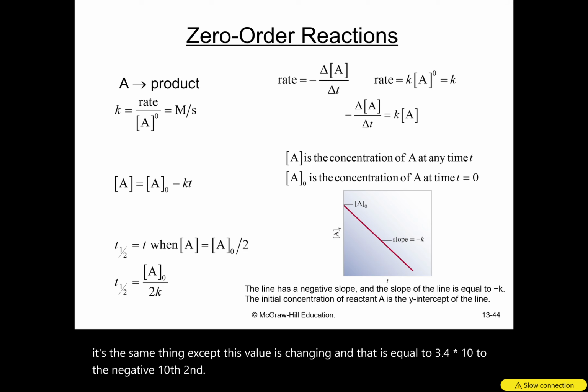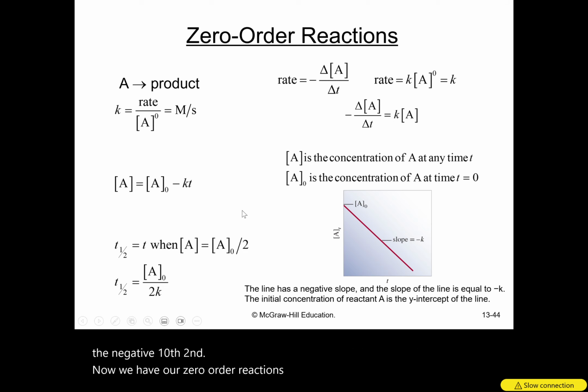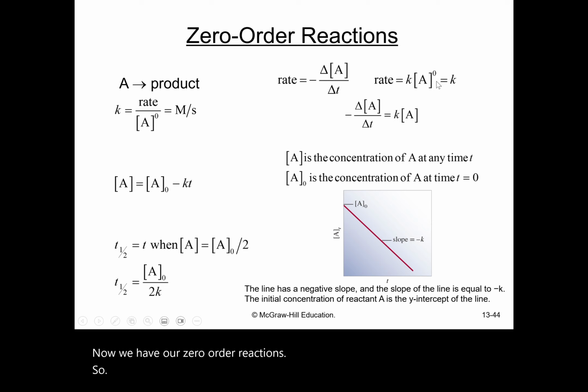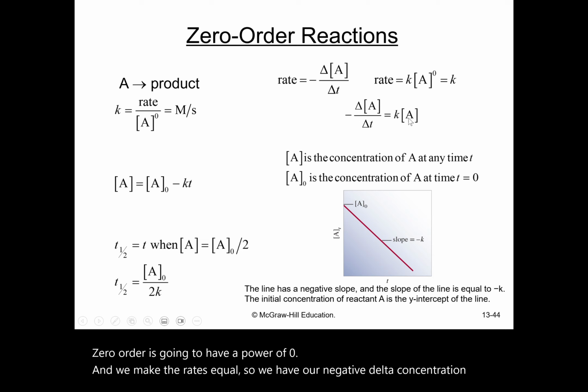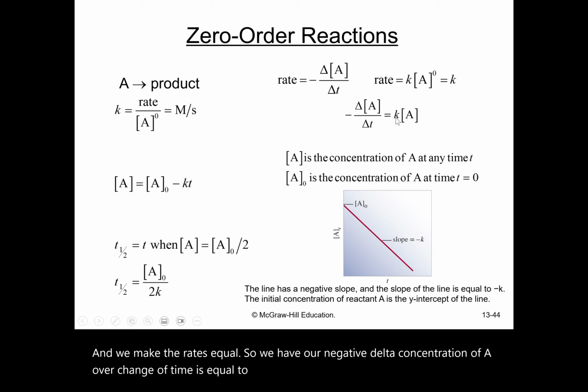Now we have our zero order reactions. Zero order is going to have a power of 0. And we make the rates equal, so we have negative delta concentration of A over change in time is equal to the K constant times the concentration of A to the 0.